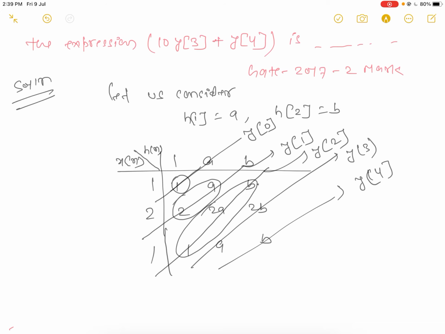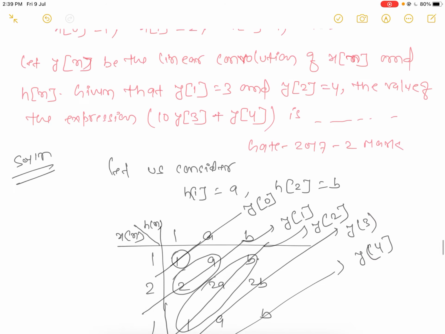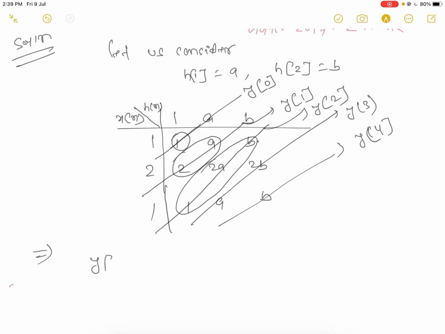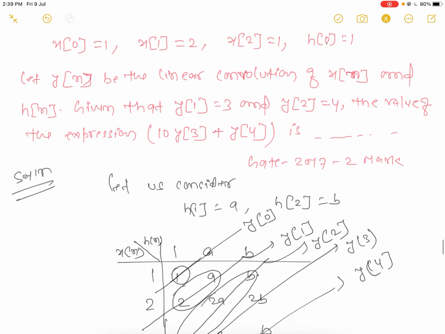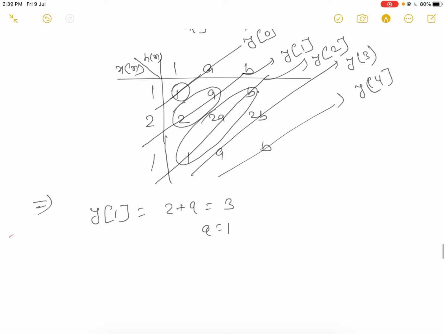Now check it. Here the y1 value and y2 value are given. So first take y1. How much will y1 be from this expression? 2 plus a. How much is given? 3. Then the a value will be 1.